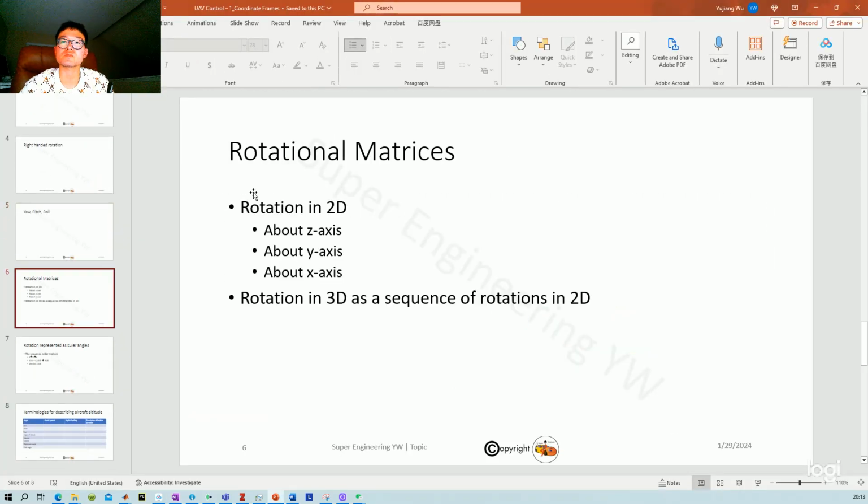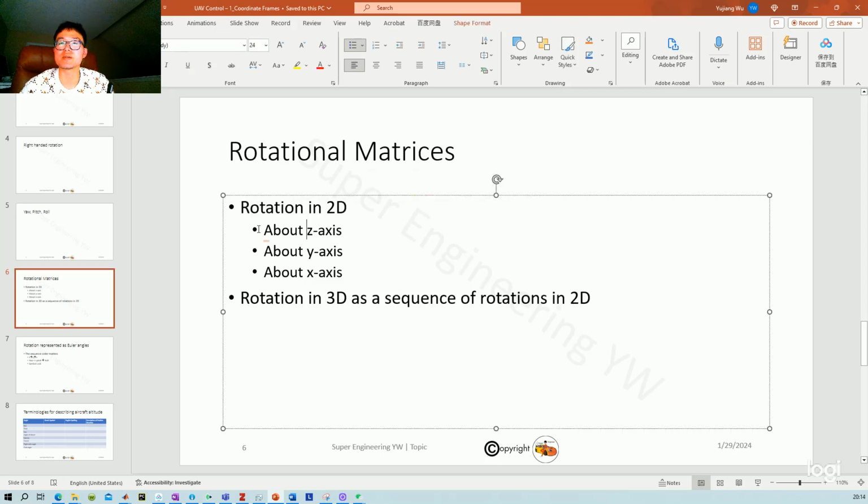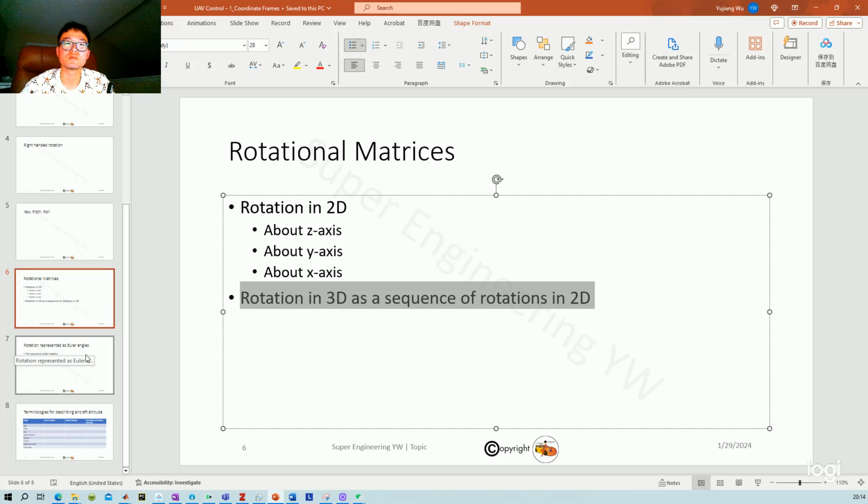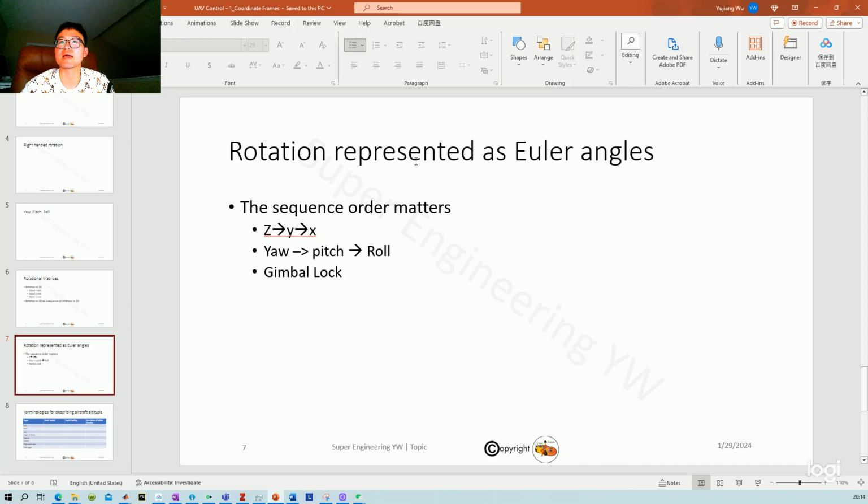Rotation in 2D about the z-axis, about the y-axis, and about the x-axis. That's what we just talked about. And then the rotation in 3D can be described as a sequence of rotations in 2D. We use the Euler angles, yaw angle, pitch angle, and roll angle, to define it.